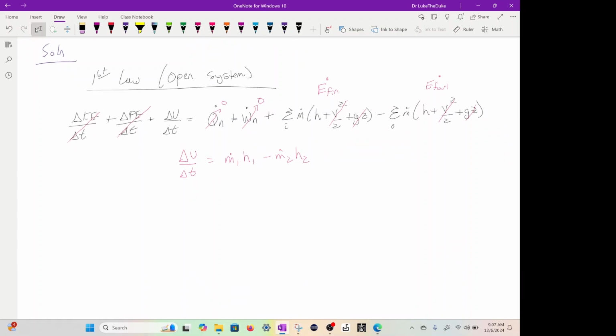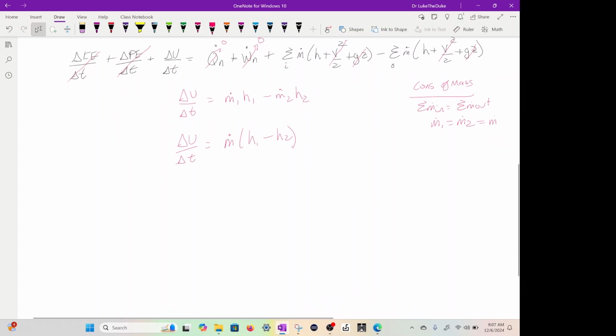Now the mass flow rates in and out are the same. Conservation of mass states that mass flow rate in must equal mass flow rate out. So m dot 1 equals m dot 2, and we're going to call this just m dot. We combine those: m dot (h1 minus h2).